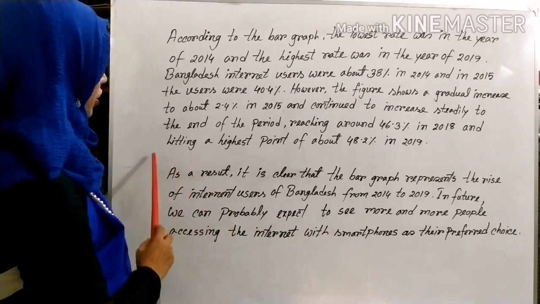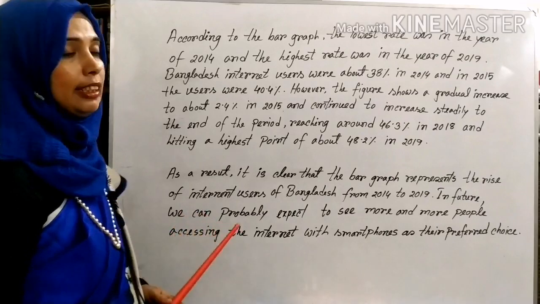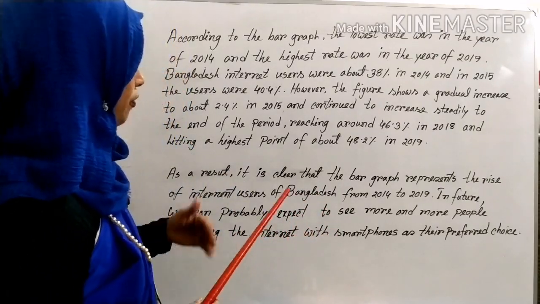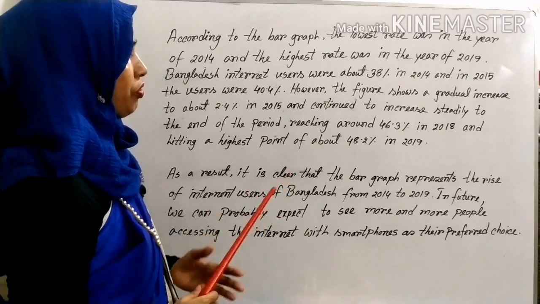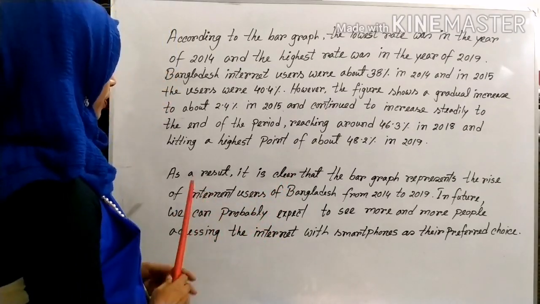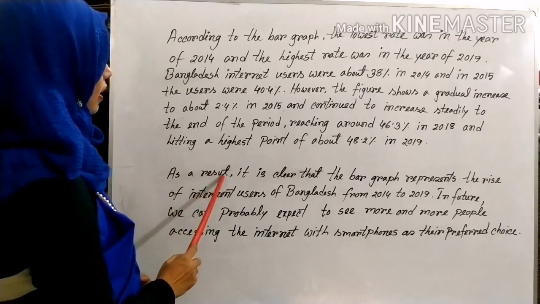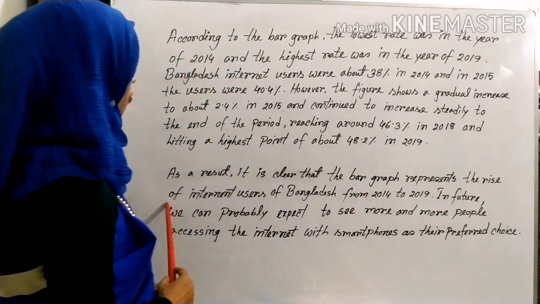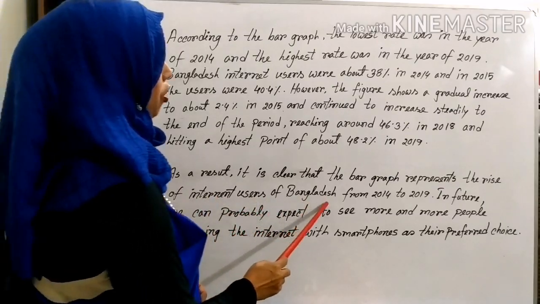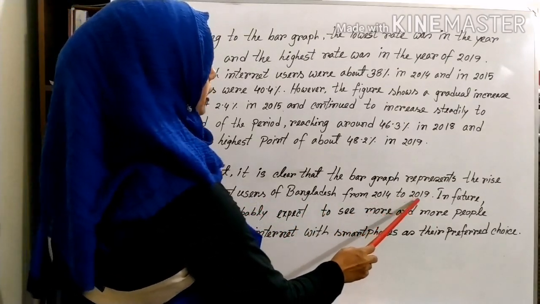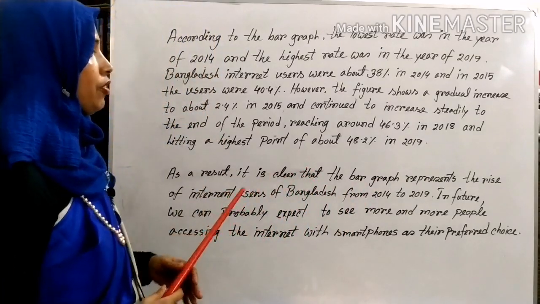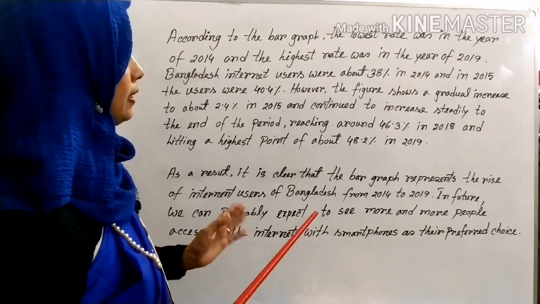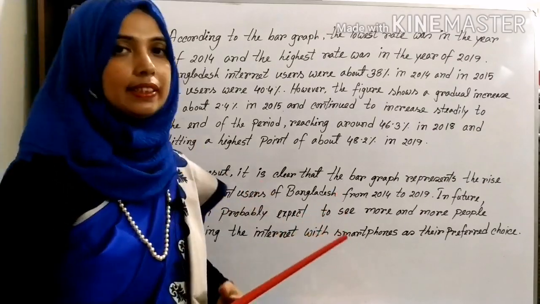Now come to the concluding part. The concluding part is the most vital part for writing a graph and chart, and you have to write 2 or 3 sentences very specifically. As a result, it's clear that the bar graph represents the rise of internet users of Bangladesh from 2014 to 2019. From the graph, we have informed that from 2014 to 2019, the percentage was in a rising mood.